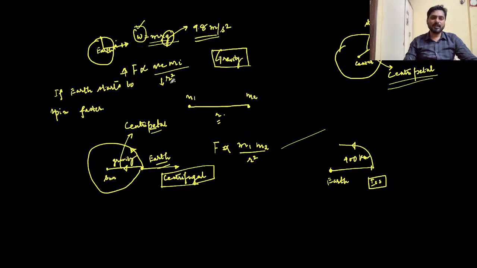Because we are moving away from Earth, this value, that is the distance between the two objects, is increasing. So yes, the weight will be less. Okay, so the value of g will be less. Are you able to understand this?